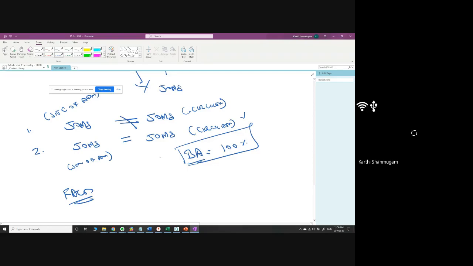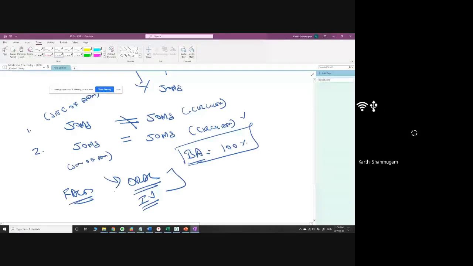Very generalized, right? So can you tell the difference between a molecule administered through the oral route and the intravenous route? We have different routes of administration. One is oral, very commonly used.